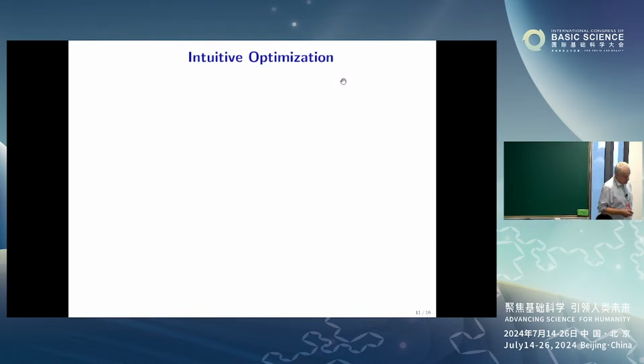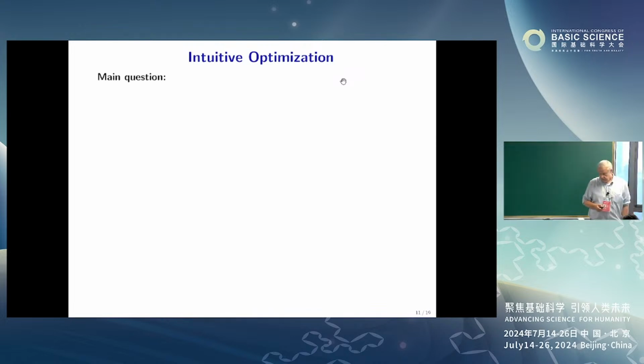Let me show you that we indeed have optimization. So the example of so-called intuitive. Actually, this is the question which should be for people. Unfortunately, it is not, but they themselves.